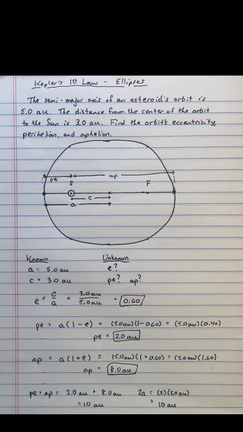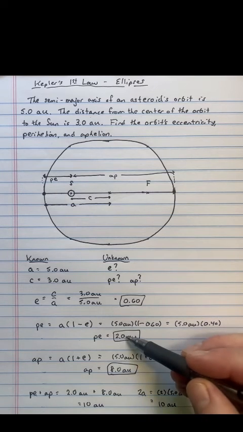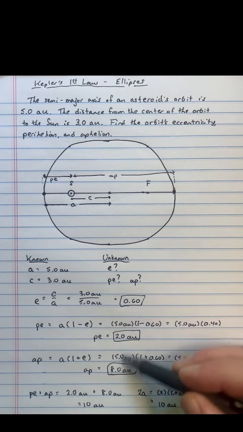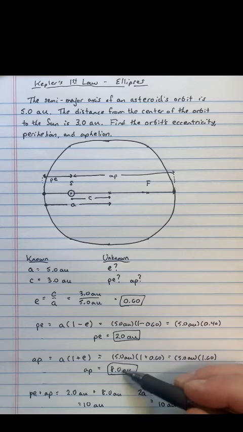Okay. So why would you care about the closest or furthest position of an asteroid or a planet or anything else from the sun? Well, one thing would be that the amount of sunlight you get, if you are closer, is obviously brighter, right? By how much? Is it really distinct, or is it very different? If you take a look at perihelion versus aphelion for our sample asteroid here, 2 AU is 4 times closer than the aphelion.